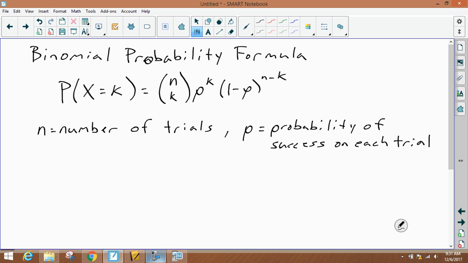So k is saying, hey, we want to know the probability of success for our kth trial. That's what we'll do. This formula is included on your AP formula sheet as well.